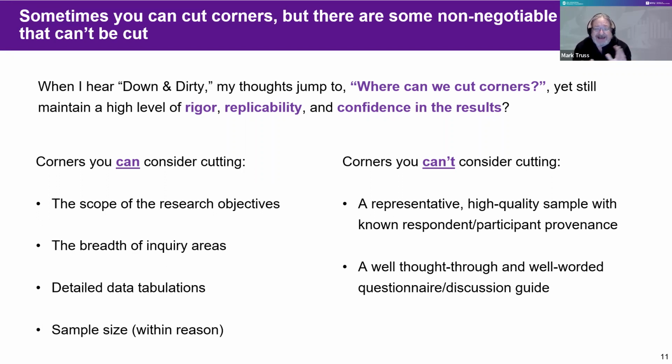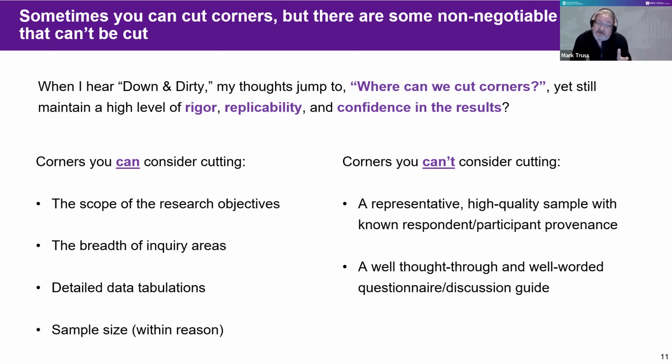So there are some corners you can consider cutting, and there are others you probably shouldn't. So corners you can consider cutting: the scope of the research objectives, right? Sometimes what's driving cost and timeline is that the research objectives are many. They require different approaches to be done, separate projects almost. The breadth of research inquiries.